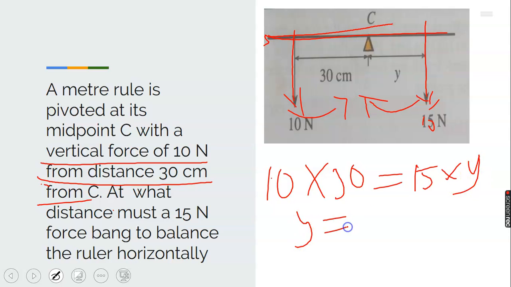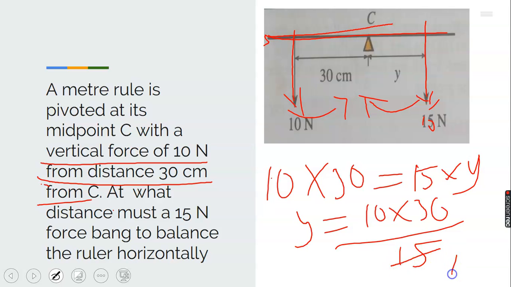So y equals 10 times 30 divided by 15. 15 here, 15 here. y equals 20 centimeters. That is, you place the 15 Newton load at 20 centimeters to counterbalance the 10 Newton at 30 centimeters.